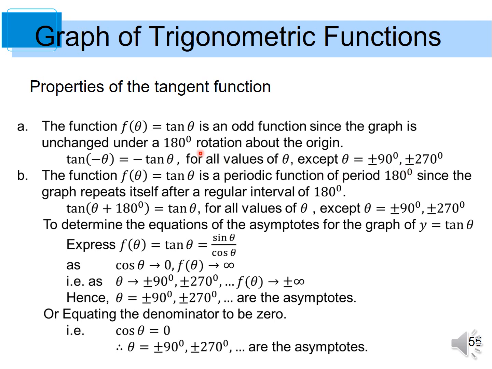You can try to substitute theta 90 degree into this function. You check with your calculator. The calculator will display undefined. This function is a periodic function of period 180 degree, since the graph repeats itself after a regular interval of 180 degree.